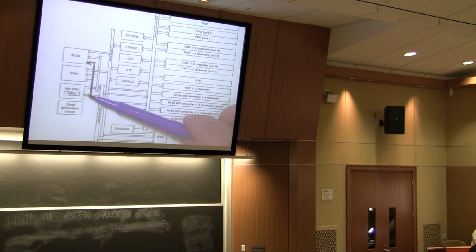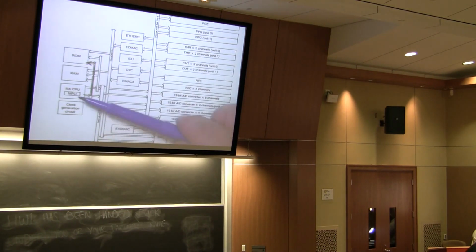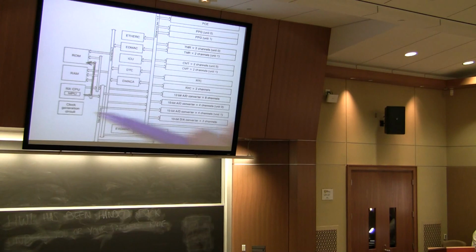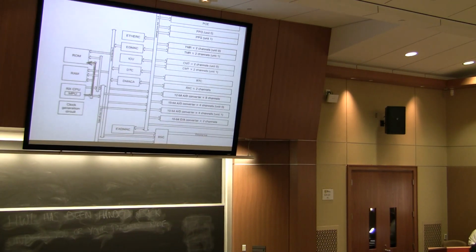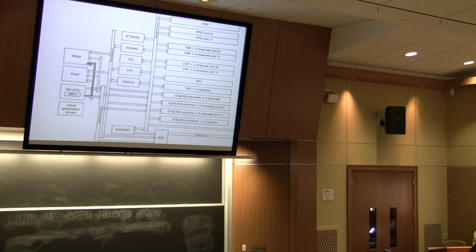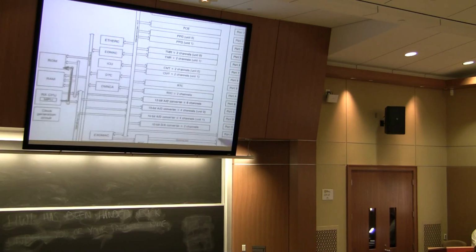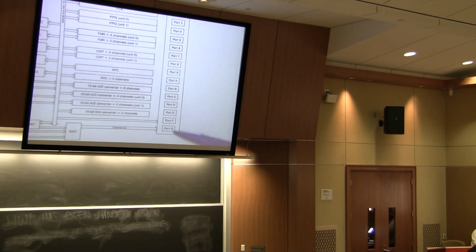So you can go directly from the CPU to the ROM, or you can go to the CPU and from that get onto this bus, and from that get onto any one of these devices. These devices out here are what we call our peripherals. And also notice this is where if you go to the external bus over here, you can get out to your ports.